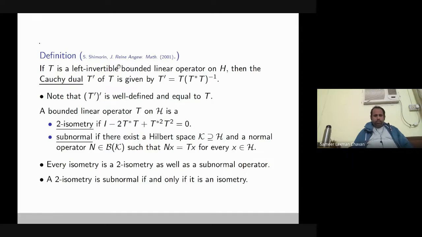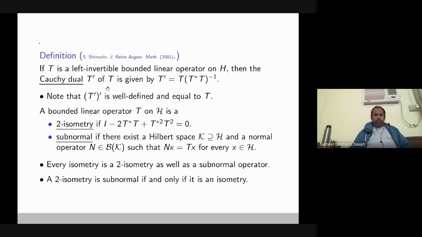If you have heard about the Moore-Penrose inverse, many times the operator or the matrix is not invertible, but it has some inverse which is a pseudo inverse. And that inverse is helpful in solving systems of equations or eigenvalue problems.